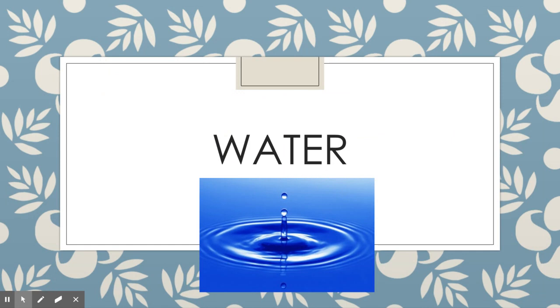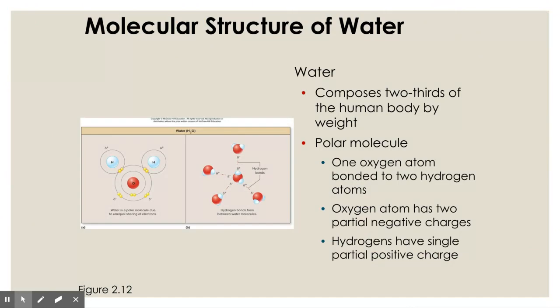Which leads us to water. Let's chat about water specifically. Of course, we know that water is about two-thirds of human body weight, right? That's when we looked back at our chart of which elements are in the human body, oxygen and hydrogen are high on the list because of water.